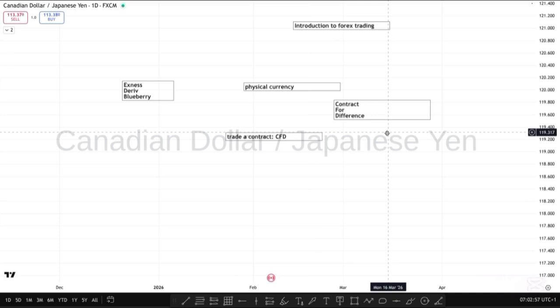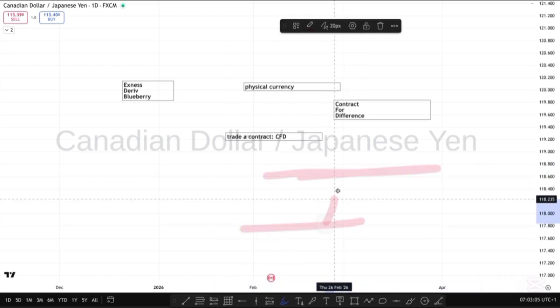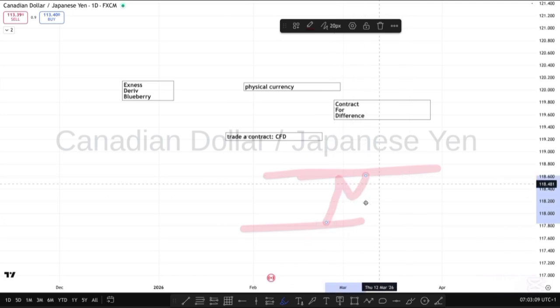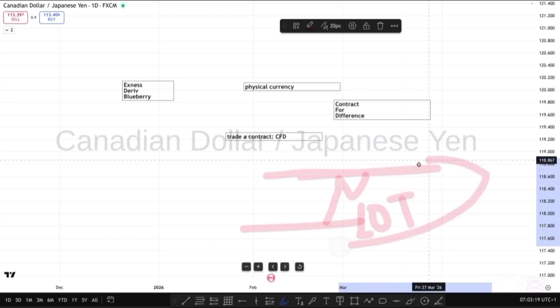Whatever the difference is between the price at which you entered the trade and the price at which you exited the trade, that difference. Now, there's a method for calculation of that difference, and the particular lot size you used will also come into play, right? So that difference is multiplied by the lot size that you used, right?